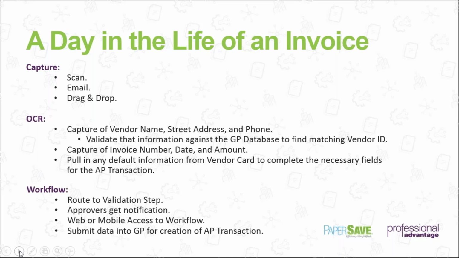We populate what are called profile fields in PaperSave with the vendor ID, the invoice date, invoice number, and dollar amount. And then any other information that might automatically default will be populated as well, like GL distribution or due date or pay date, whatever it might be. And then we're going to route the documents through a workflow.